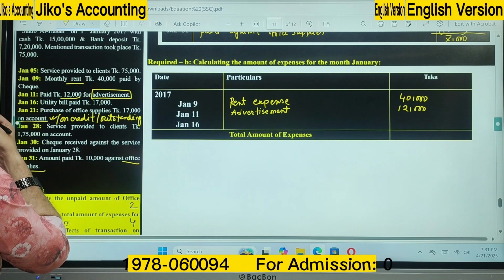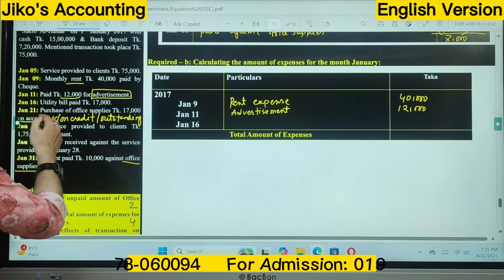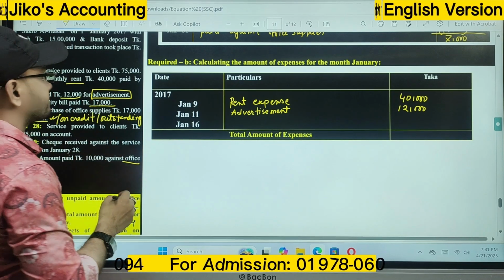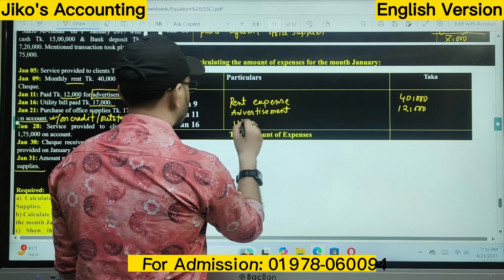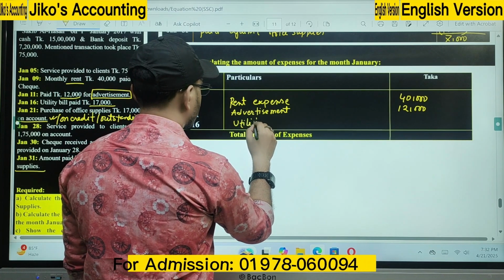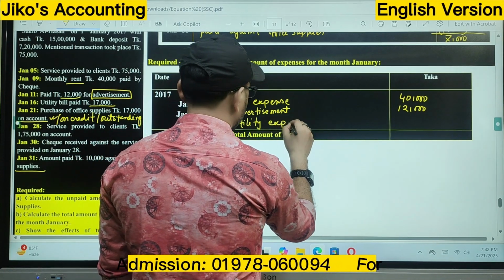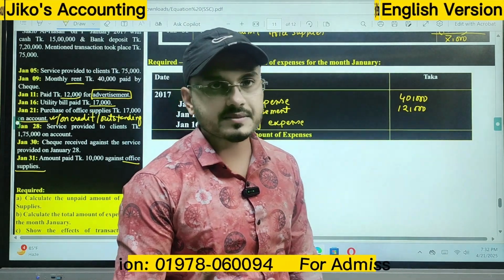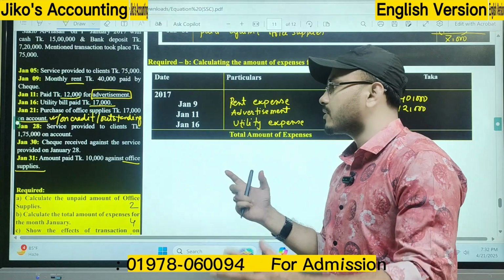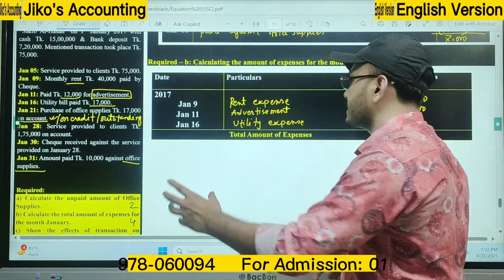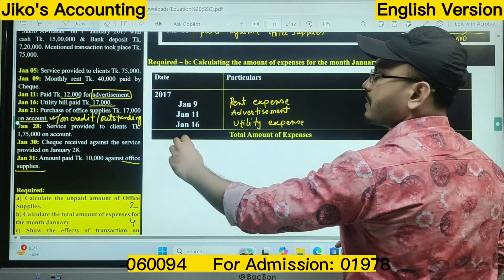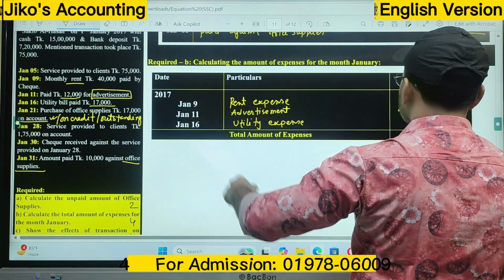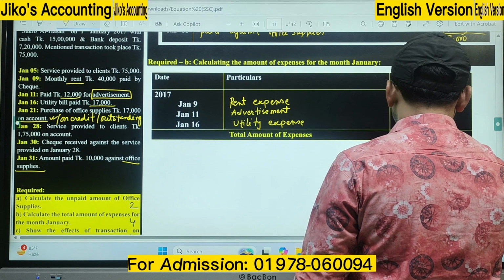What is our utility bill? Utility expense. What do you mean by utility, sir? Water bill, electricity, gas, the monthly expenses of these are all regarded as utility expenses. What is the amount here, sir? Utility expenses 17,000 taka.